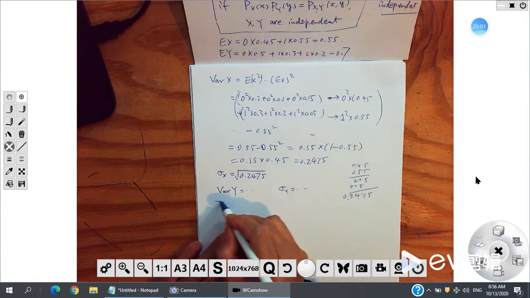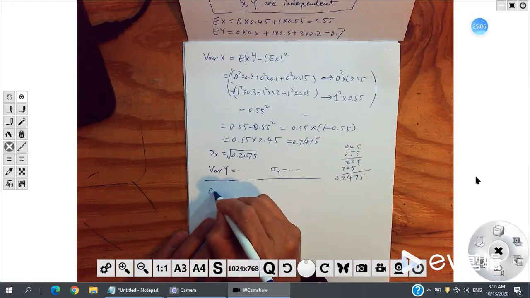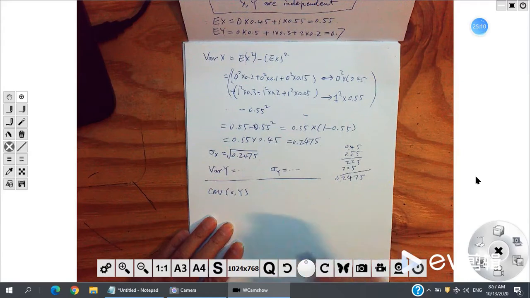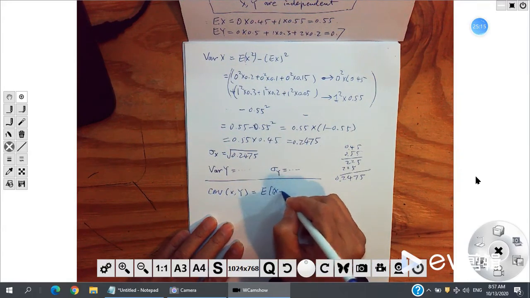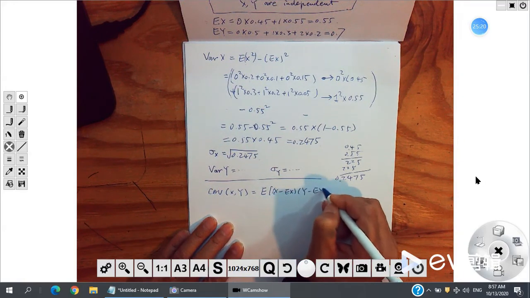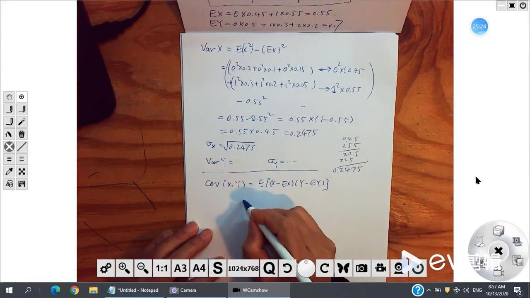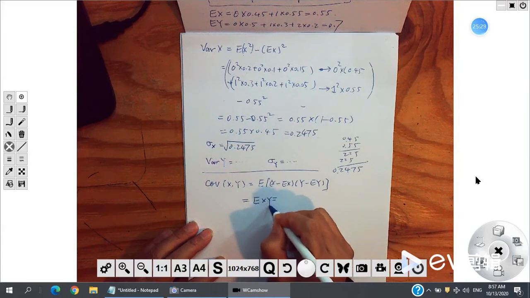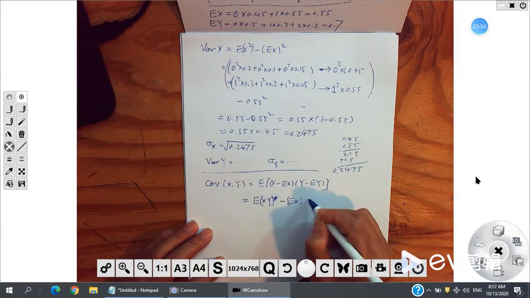And then we have some more variables. We have the covariance of X and Y. What is it? This is E of (X minus EX) times (Y minus EY). This one can be calculated by this formula: E of XY minus EX times EY.